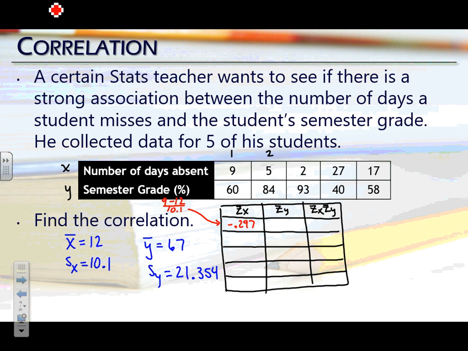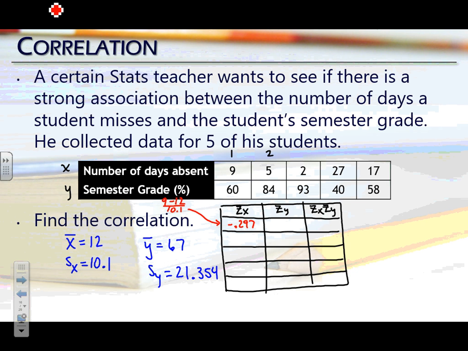Blake for 93. Larissa for 40. And Hope for 58. And then you guys, in the same order: Lexi, I want you to double check 5. Julia, double check 2. Autumn, double check 27. Danny, double check 17. Michael, do 60. Kristen, 84. Mallory, 93. Kylie, 40. And then we're just going to trust that 58's right.